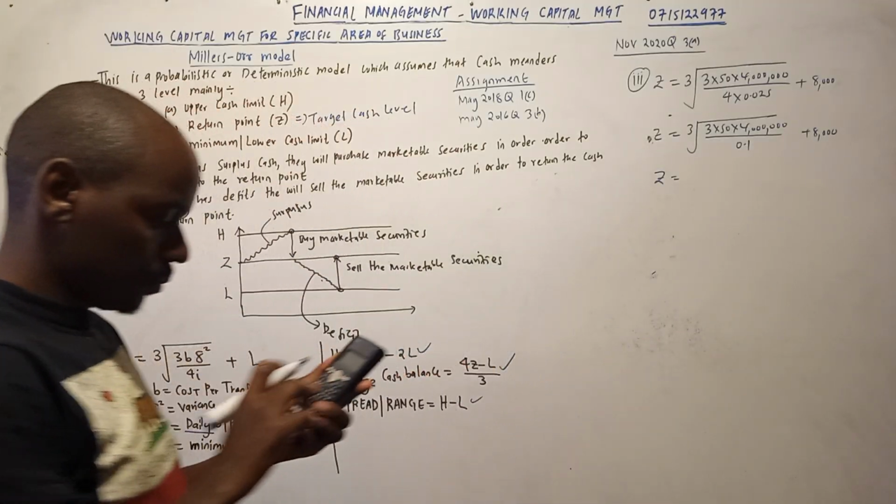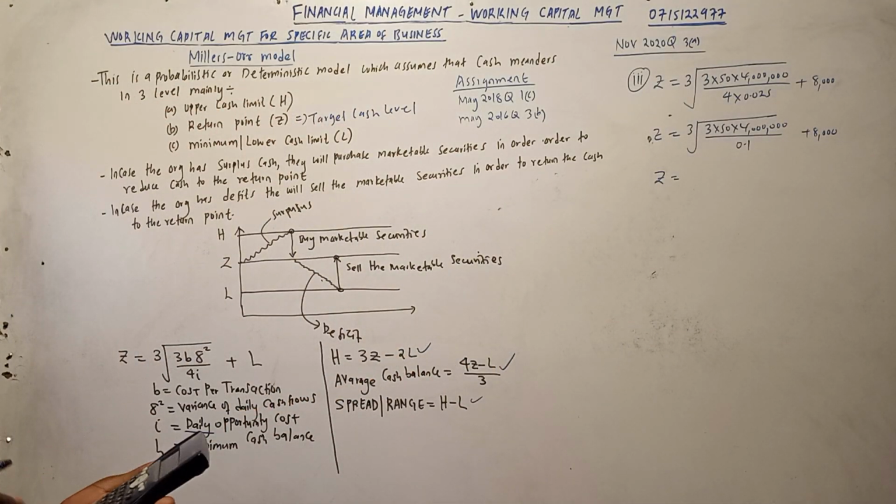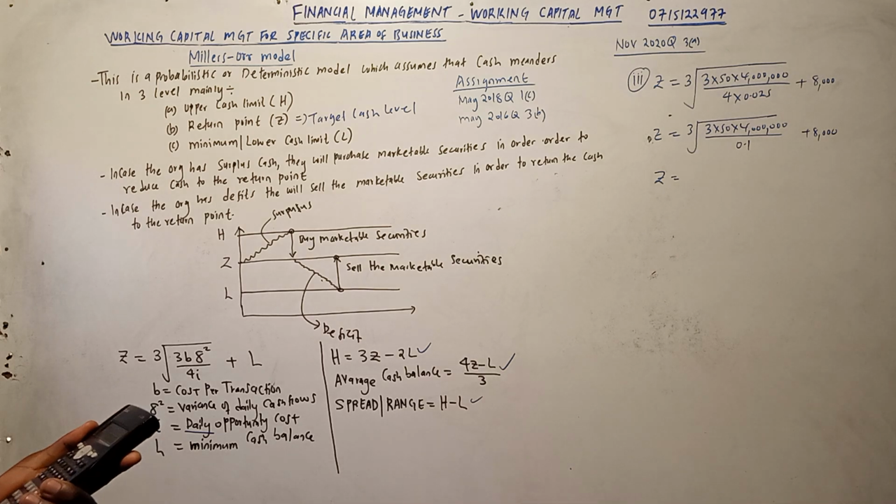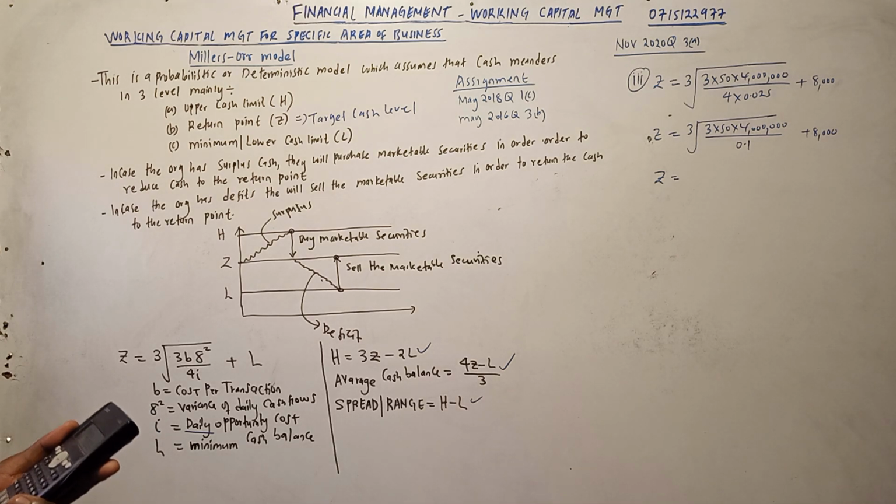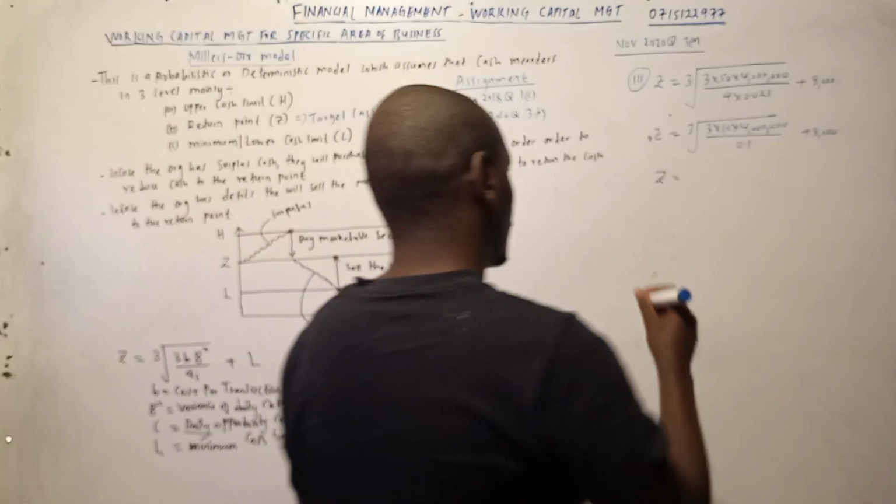I say it is 3 times 50. So I take the calculator, 3 times 50 times 4 million divided by 0.1. Then I take the cube root, and the cube root gives us 1817.